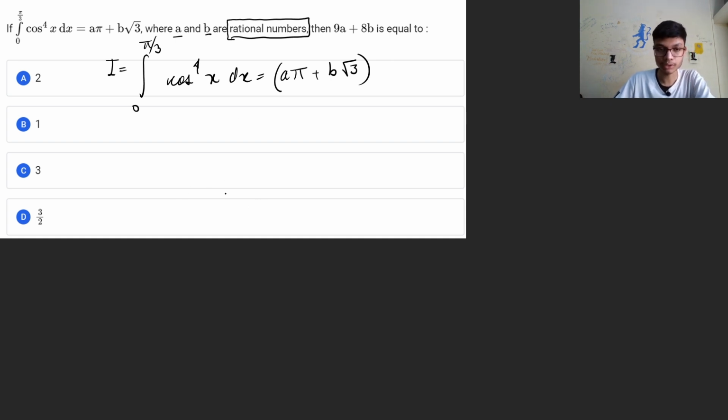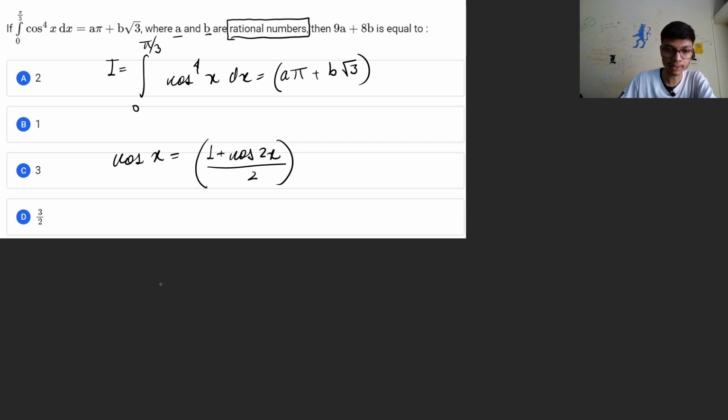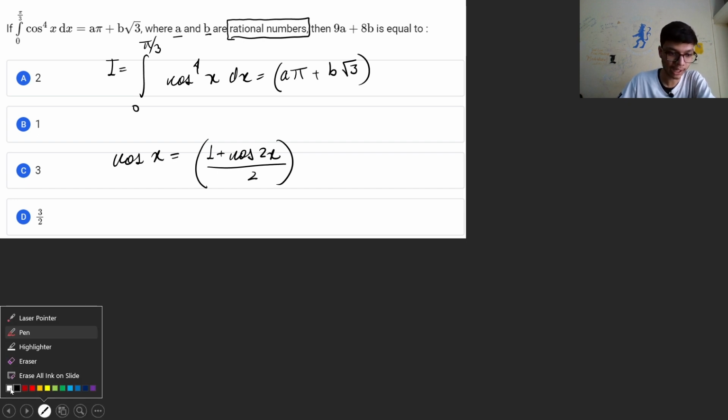Now how are we going to proceed with this particular problem? Before proceeding, you must know the trigonometric half angle formulas.